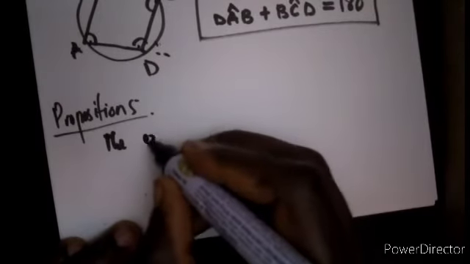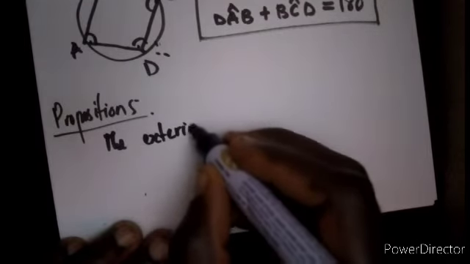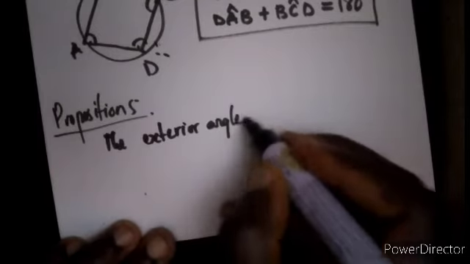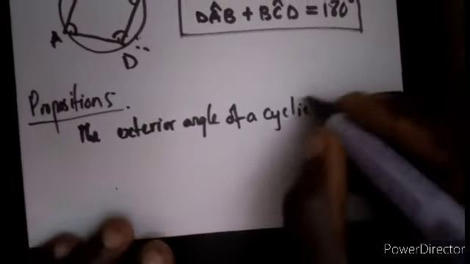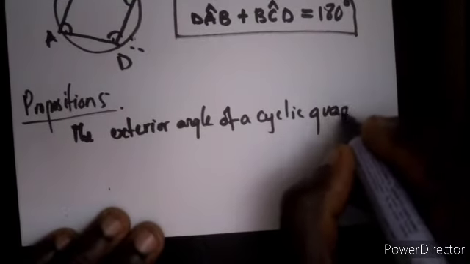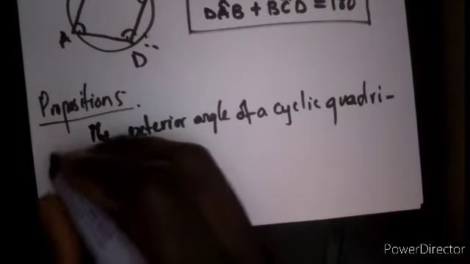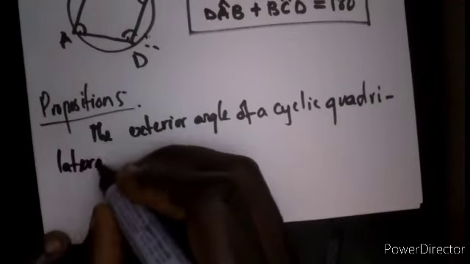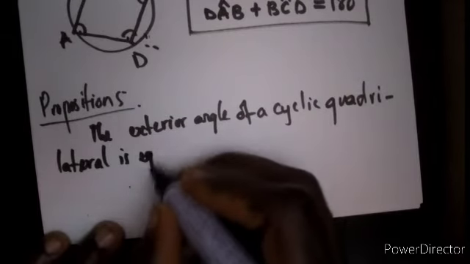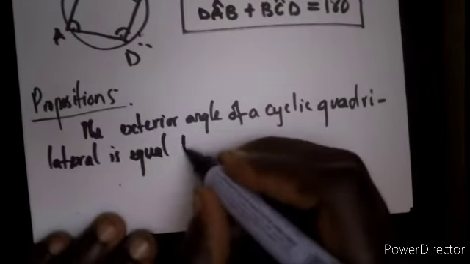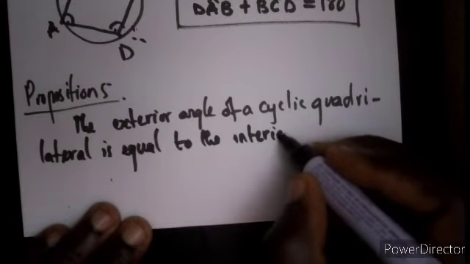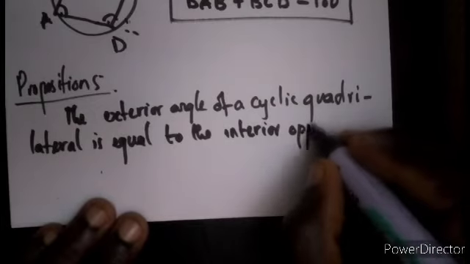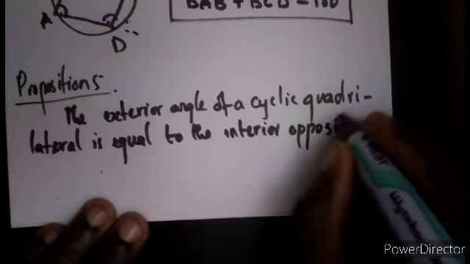So the exterior angle of a cyclic quadrilateral is equal to the interior opposite angle.